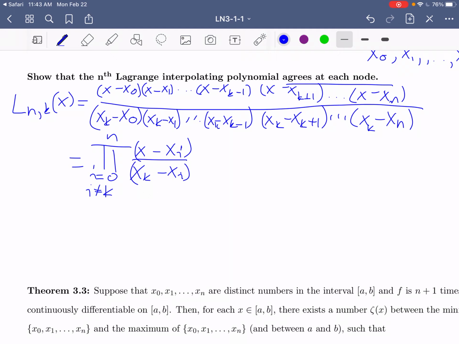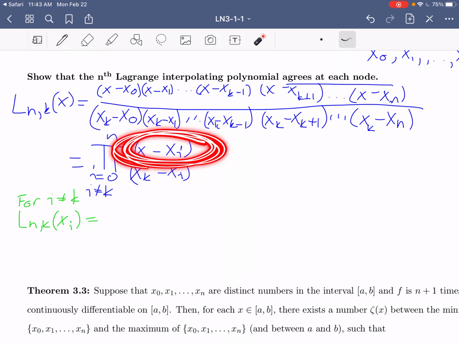And so we want to argue that this agrees at each node, and so we will notice L_{n,k} of x sub i for i not equal to k. So what would this value be? If we plug in x sub i where i is not equal to k, then somewhere we are going to have a 0 on top.